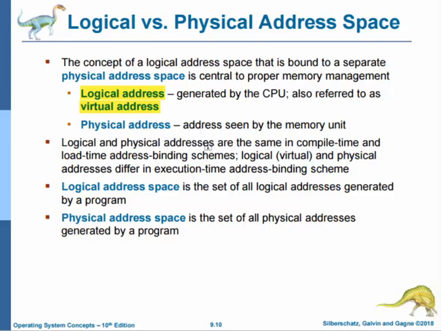Now, the address seen by the memory unit is what we call the physical address. So the difference between the two is that the logical addresses are generated by the CPU, while the physical addresses are the addresses seen only by the memory unit.